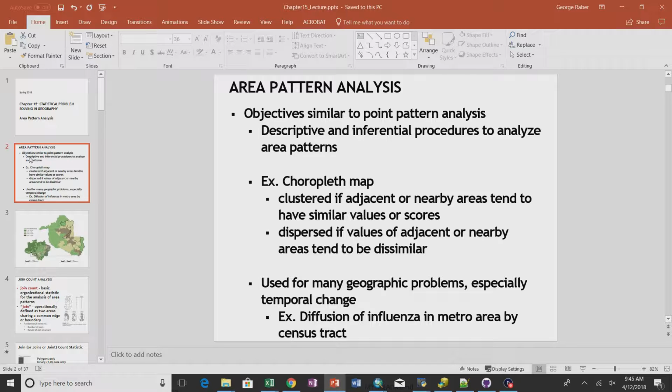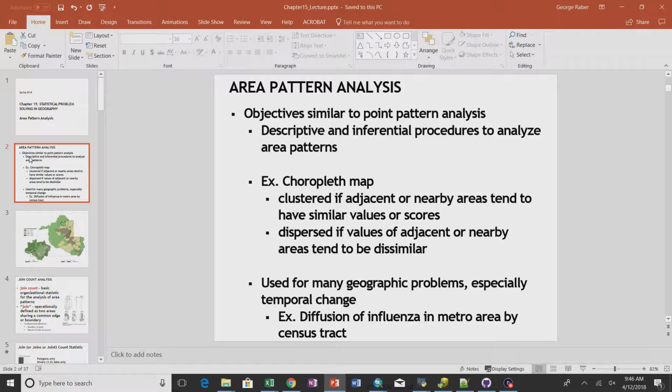Remember last week we talked about what is a neighborhood. So in a situation where we had things that were next to each other sharing a common border, we could think of that as a cluster. And things that are next to each other that share a common border that aren't alike, we could think of that as either random or dispersed, depending on the exact pattern.